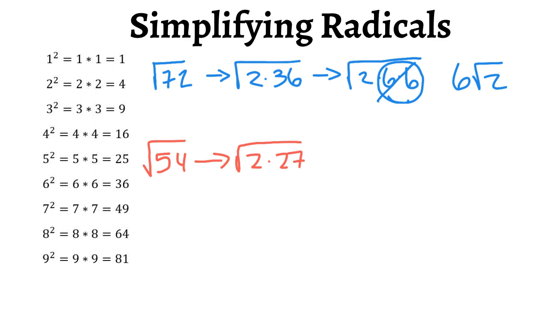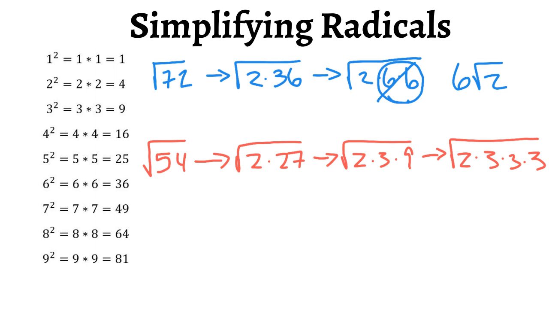The 27 can be broken down even further as 3 times 9. So I bring down the 2, and the 27 turns into 3 times 9. The 9 can be broken down even further. I have 2 times 3, and the 9 is the same as 3 times 3.